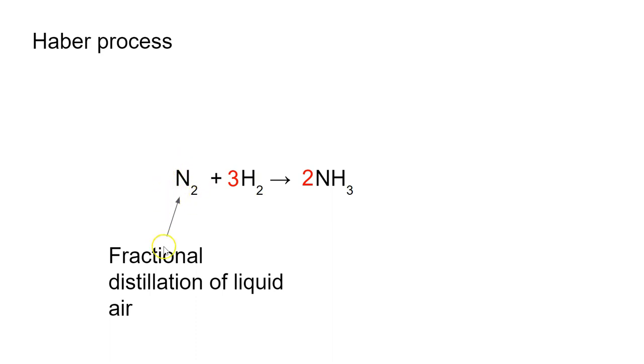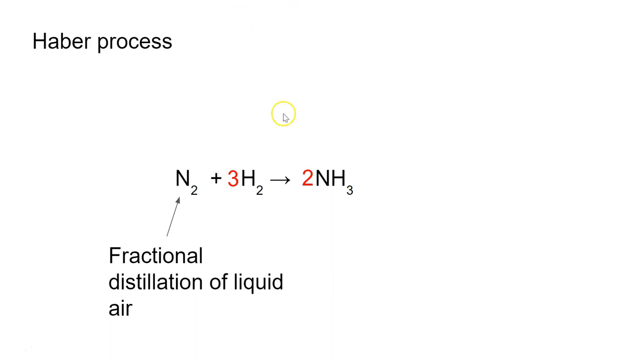Nitrogen is made from the fractional distillation of liquid air. I remember when I was young, we used to learn that you need oxygen to breathe, and that always led me to believe that most of the air is made of oxygen. And that is actually not true. Most of the air that we breathe consists of nitrogen, but since that is not really important for breathing, it's never emphasized.